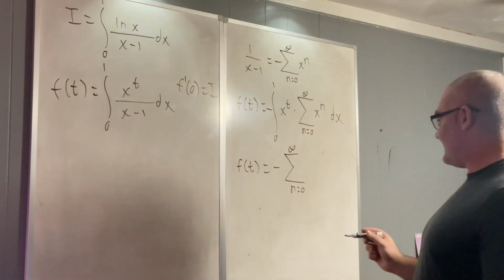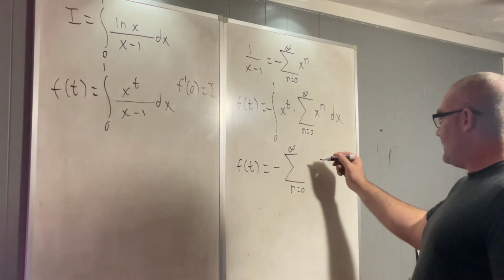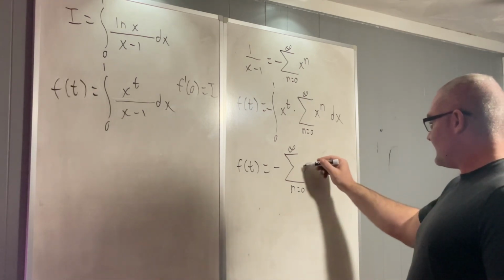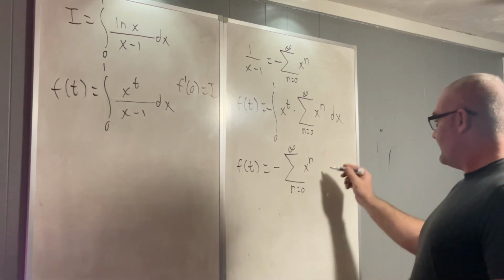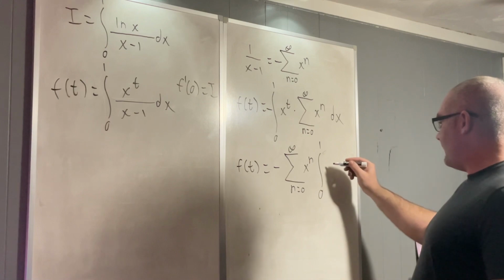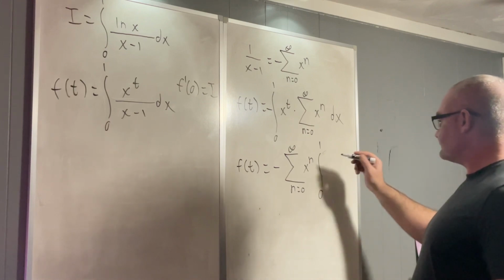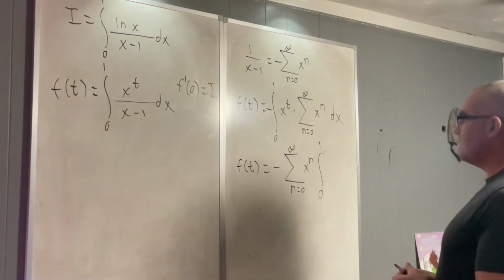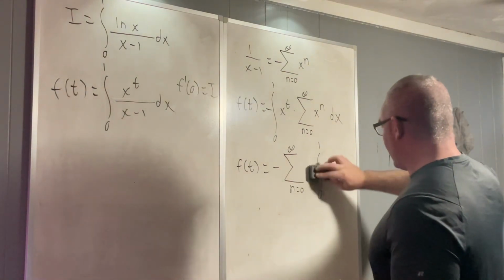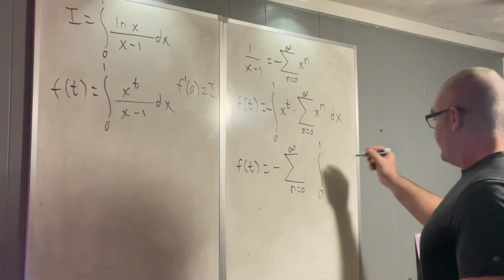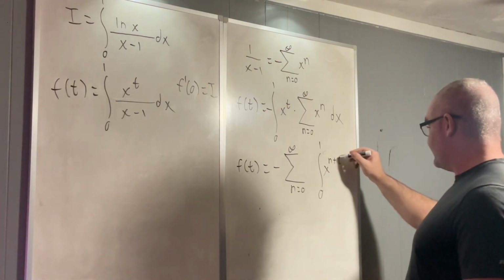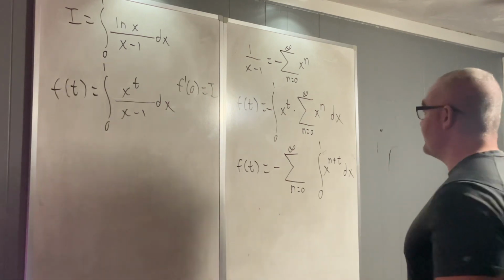And then we're going to keep this x to the n, and then the integral from 0 to 1 of x to the n plus t dx, right?